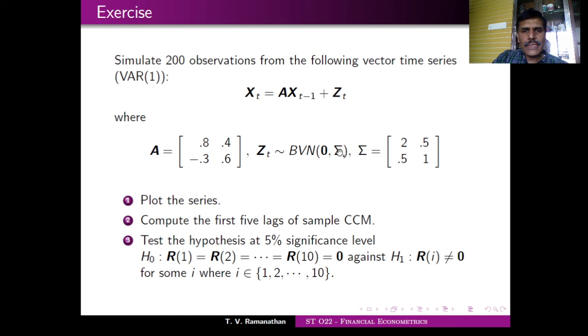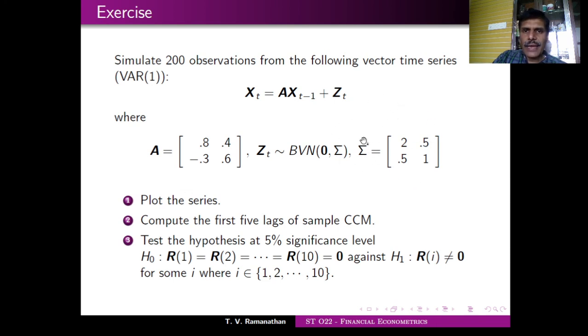Now there's an exercise for you, to learn what a multivariate time series looks like. You take A as this matrix, and you take ZT, which is a bivariate normal with mean 0 and this variance covariance matrix. So you generate observations from a bivariate normal with mean 0 and this variance covariance matrix.